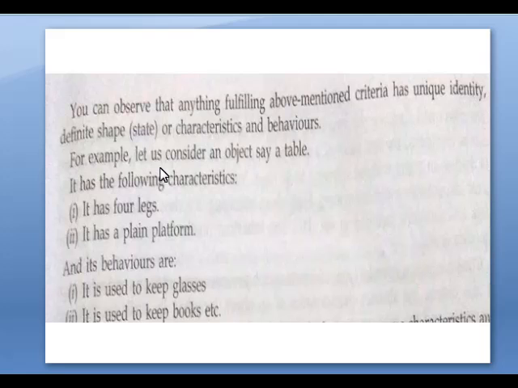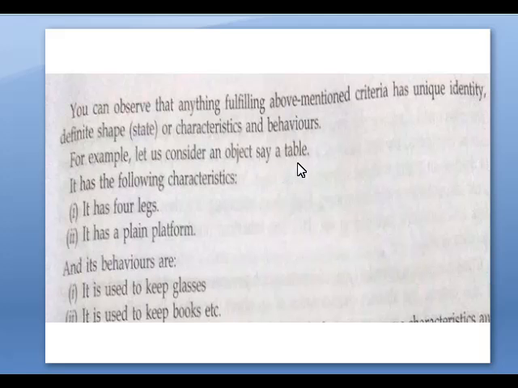For example, we are taking the table as an example of an object. So what are the characteristics of the table? It has 4 legs. The second one is it has a plain platform. These are the characteristics of the real world object table.